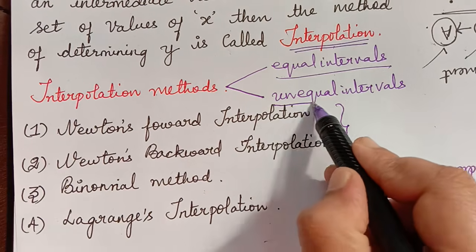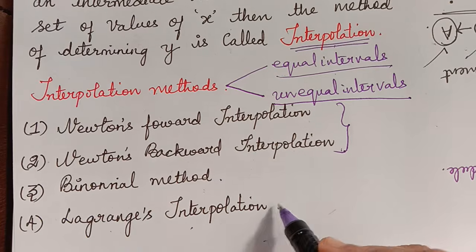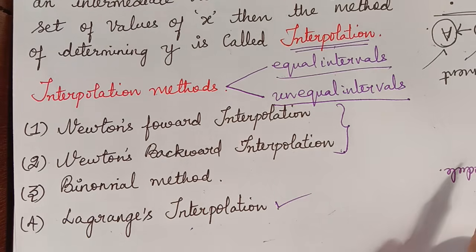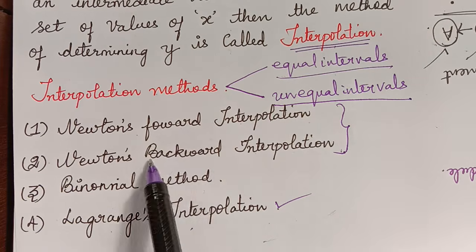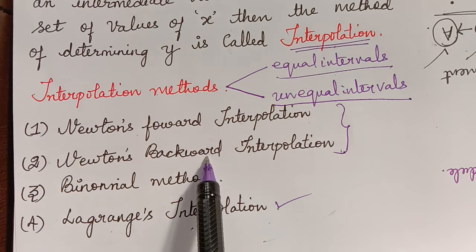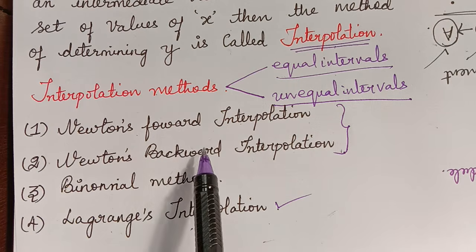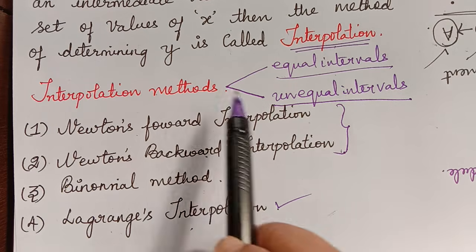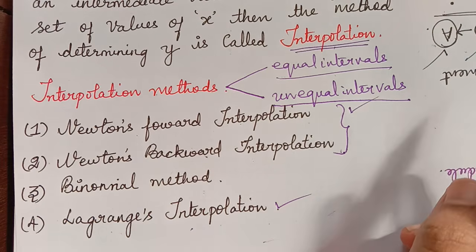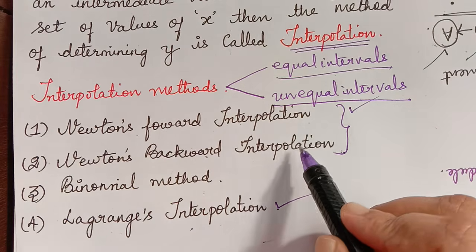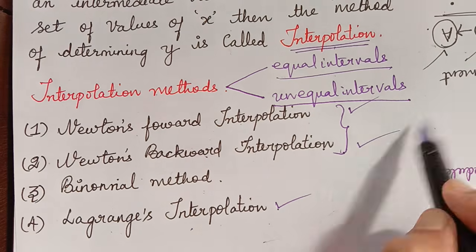If the values are placed at unequal intervals, we will be using Lagrange's interpolation formula. To identify which of Newton's formulas has to be applied: if the value to be interpolated lies in the forward part of the table, then we use Newton's forward interpolation formula, and if it lies at the backward part of the table, we use Newton's backward interpolation formula.